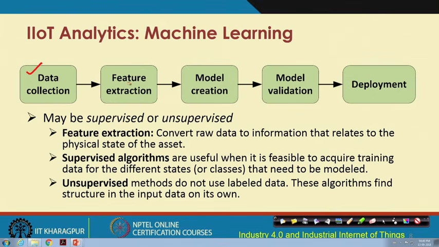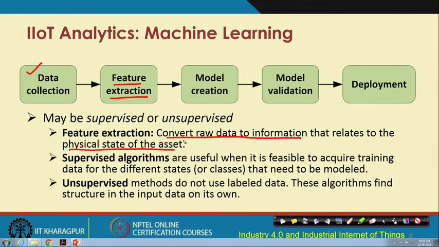Then there is something called feature extraction, which is very important in machine learning. So, feature extraction methods basically convert the raw data into information that relates to the physical state of the asset. So, the feature extractions are performed, and feature extraction itself is a task that requires a lot of work. So, there are different algorithms that are available for feature extraction.